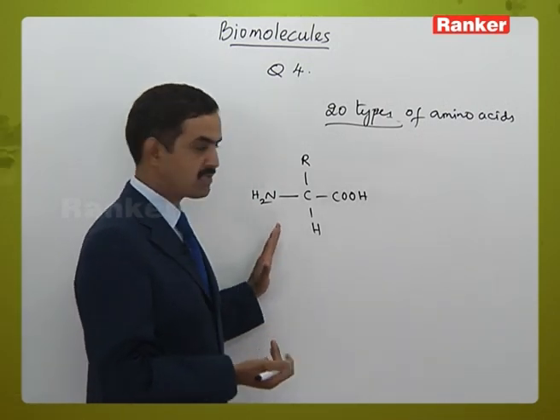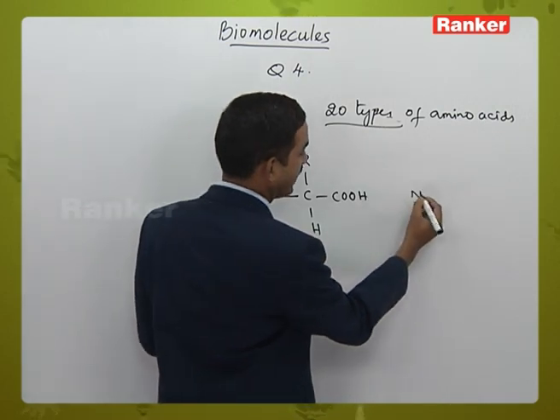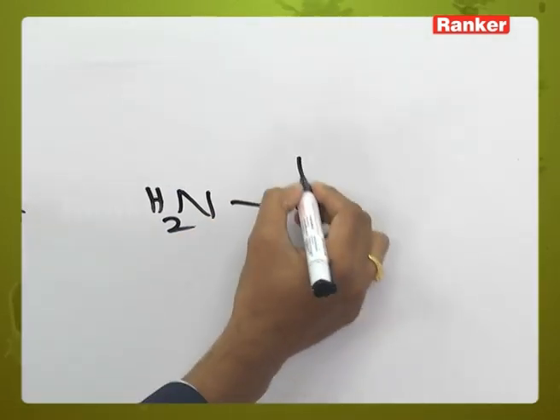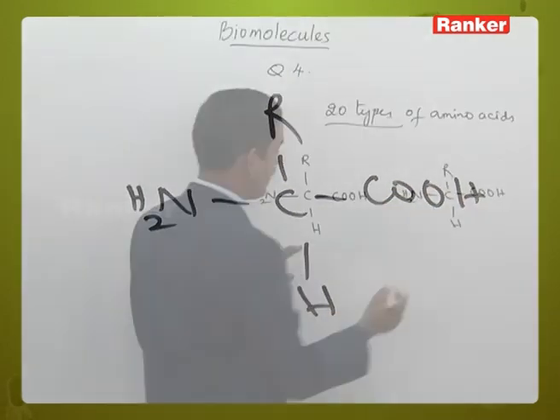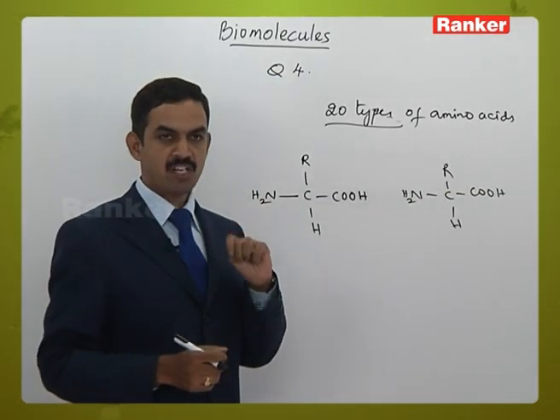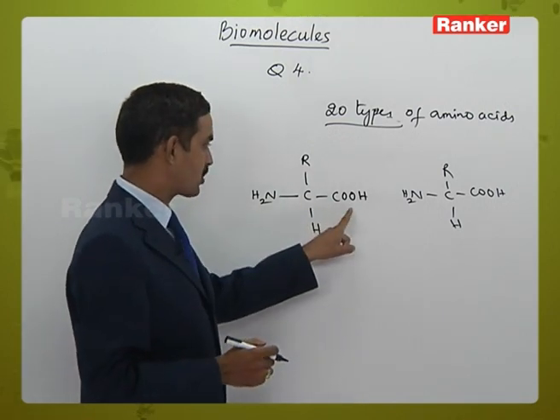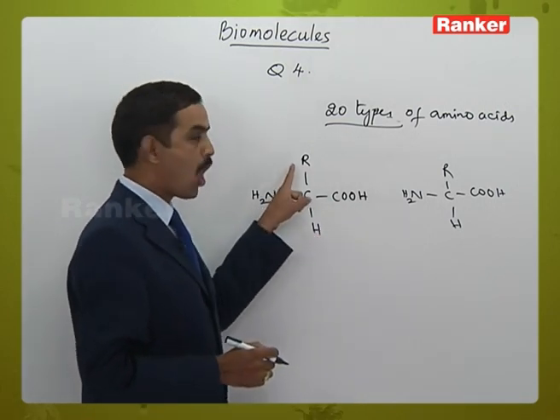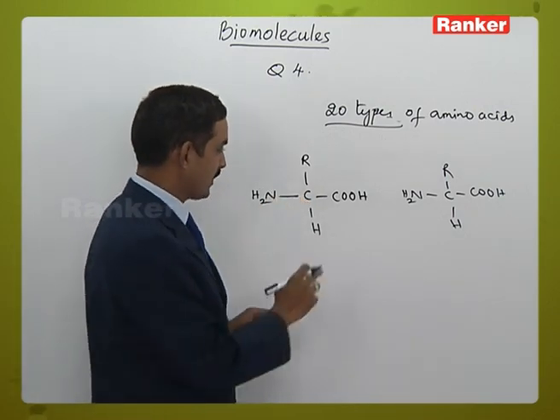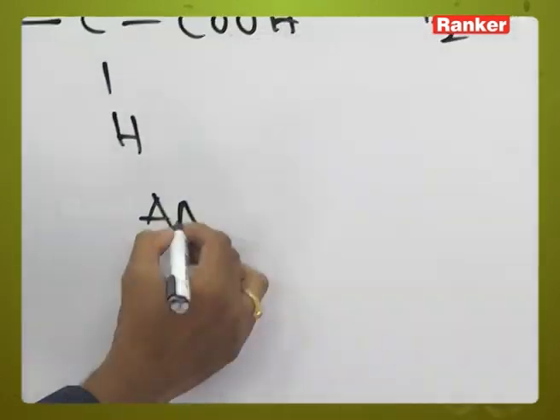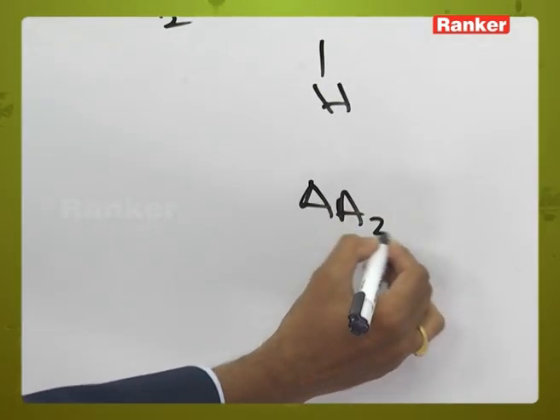Consider this is one amino acid and one more amino acid is there here. In each amino acid there are three groups: a carboxyl group, an amino group, and R, which represents the alkyl group. So if you consider this as the first amino acid and this the second amino acid.